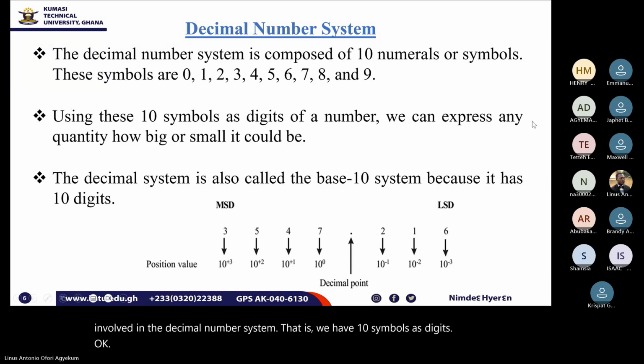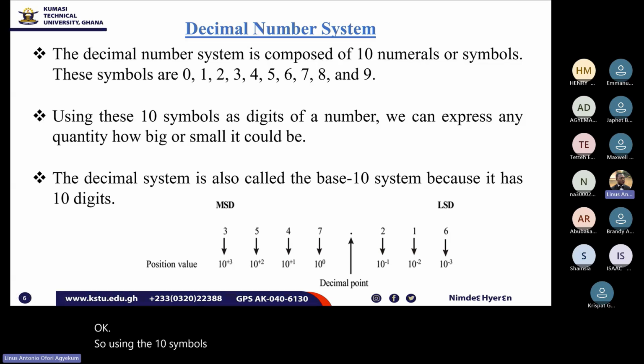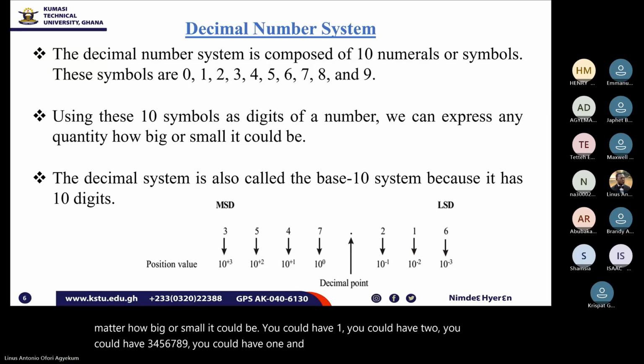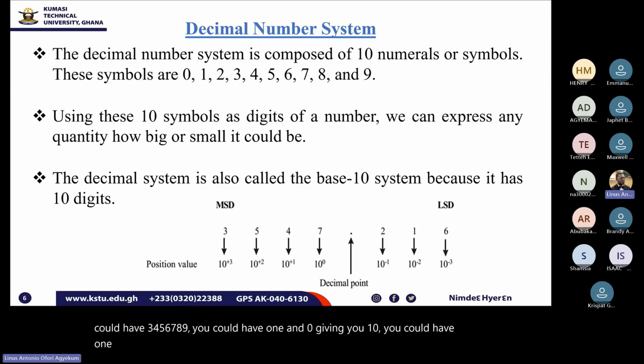So using the 10 symbols as digits of a number, we can express any quantity, no matter how big or small it could be. You could have 1, 2, 3, 4, 5, 6, 7, 8, 9. You could have 1 and 0 giving you 10, then 11, 12, 13.